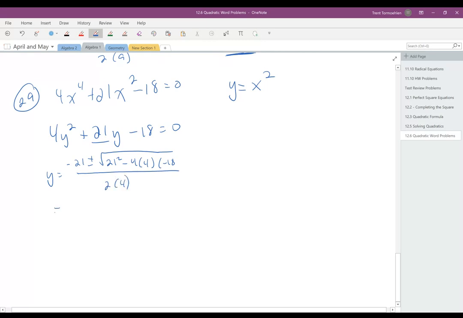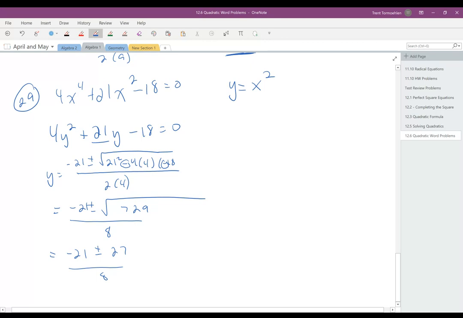I need to figure out what that is, so I'm going to do it in my calculator here. 21 squared plus 16 times 18. Notice that you've got a negative and a negative, so it just gets added together. That turns out to be 729, which in and of itself is a perfect square, that is 27. And so negative 21 plus or minus 27 over 8.